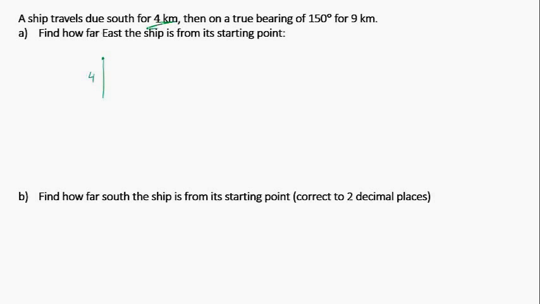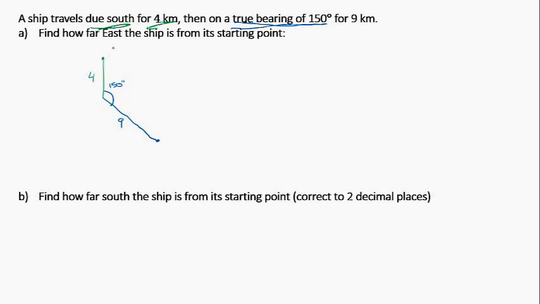Then I go on a true bearing of 150 degrees. If I went east, that would be 90 degrees, and if I kept going south, that would be 180 degrees. So I need to be going somewhere in the middle, about like that. That is 150 degrees, approximately. I'm doing that for 9 kilometers, and that's where my ship ends up.